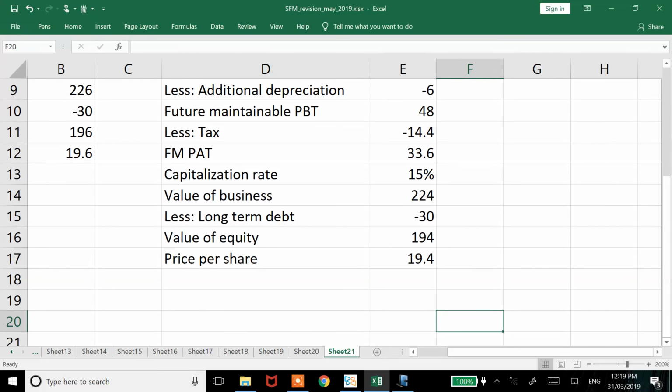I can take another assumption saying that this PAT, whatever number I have, will go entirely to equity shareholders. Then I directly get the value of equity.